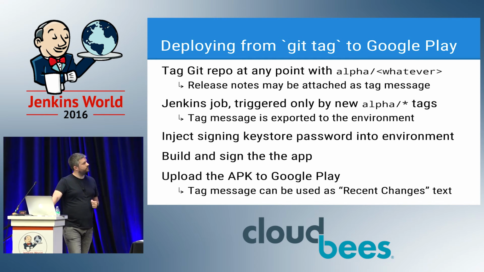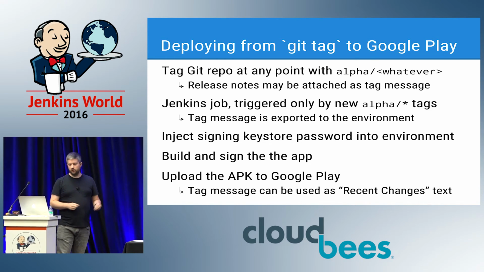I have the release notes. As we said, we inject the signing key store password. Of course, you build the app and let it be signed by the build system. And then we upload the APK to Google Play. The Google Play plugin allows us to specify release notes for an APK for different languages as well. So here I've gone essentially from a git tag to Google Play.